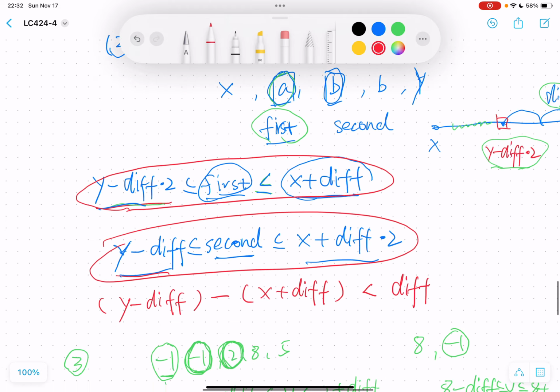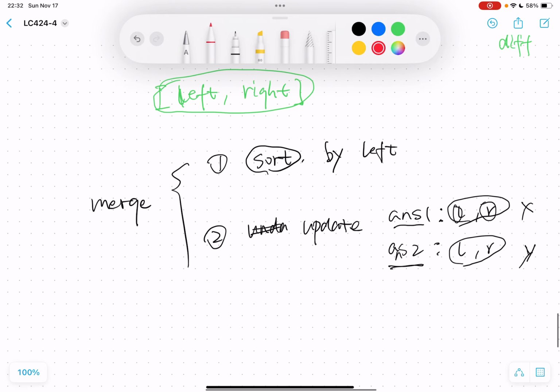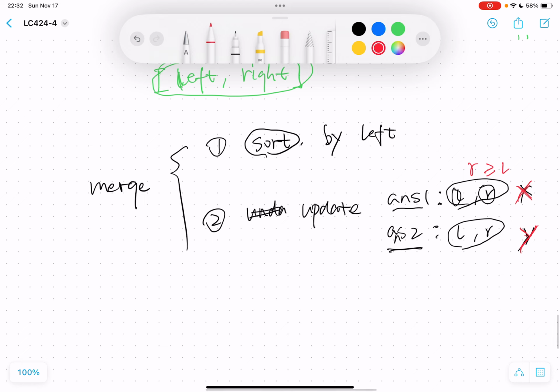This X and Y means the number of X, number of Y. If we can choose a valid one, meaning R is larger than L, we will know the current diff value can meet the requirement. Okay. This is the solution of this problem.